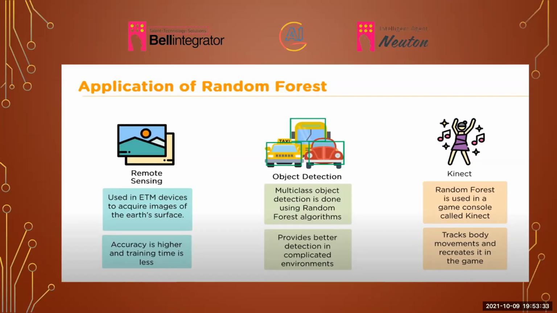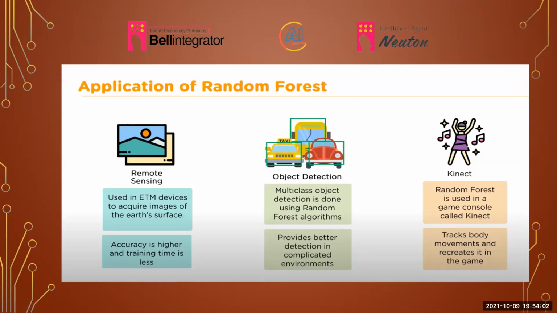Then comes object detection. You must have heard about a lot of projects in object detection, which can tell you if it's a pen or a book or a phone or whatever it is. Random forest is used in that, because it provides better detection in complicated environments. You can have a complex data set, apply random forest, and it's easy.